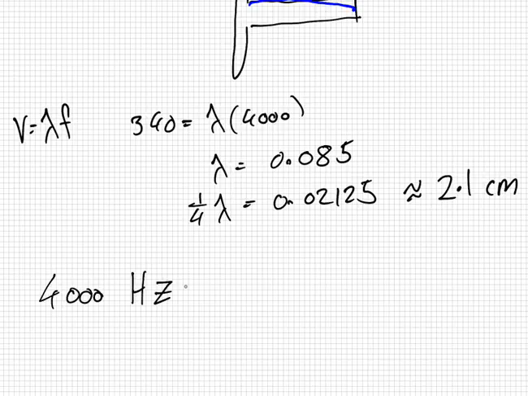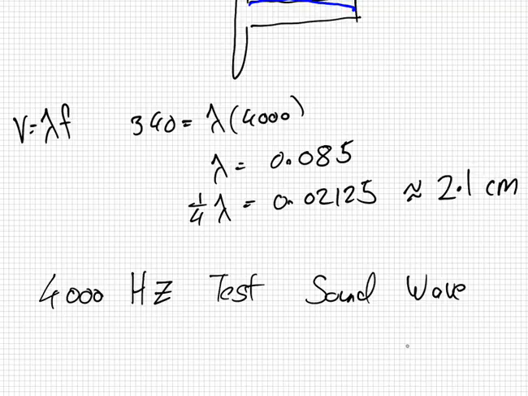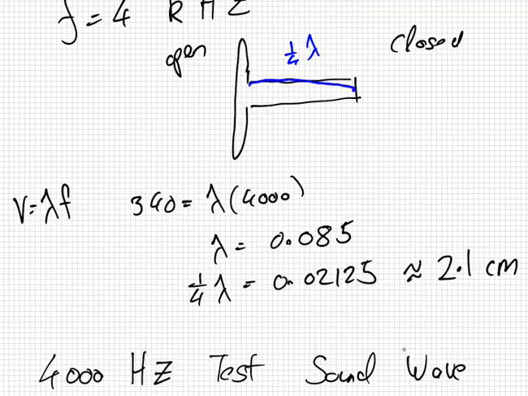Yes. Okay, so now we want to draw fifth harmonics. 1, 2, 3, 4, 5. Now, how long is this? Well, this is still 0.232, isn't it? So we have now 5 quarters of a wavelength equals 0.232.